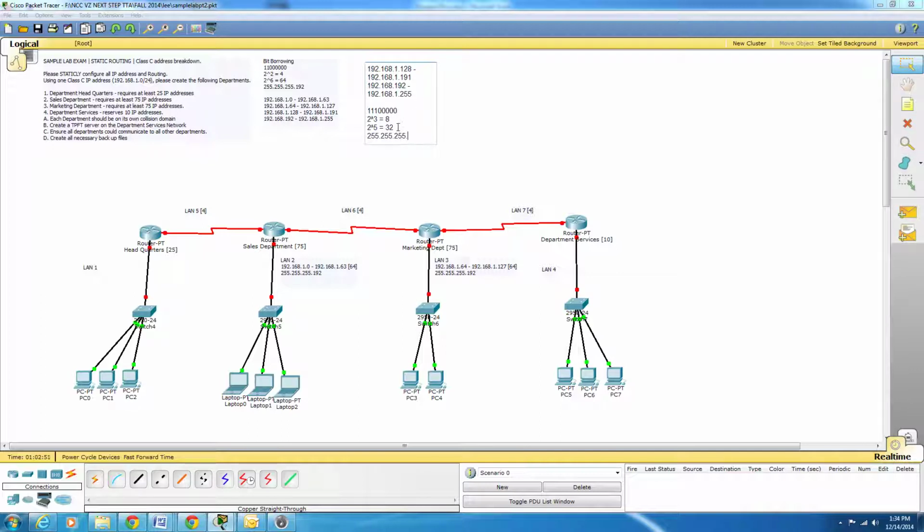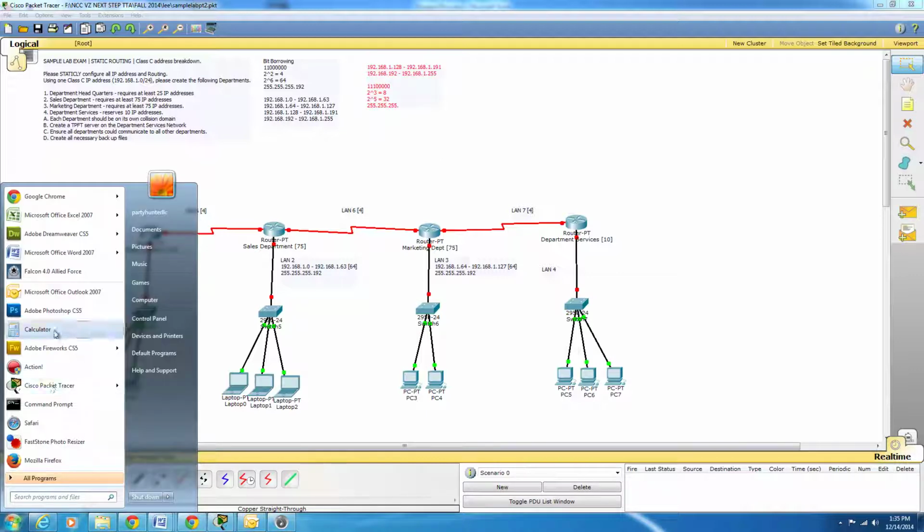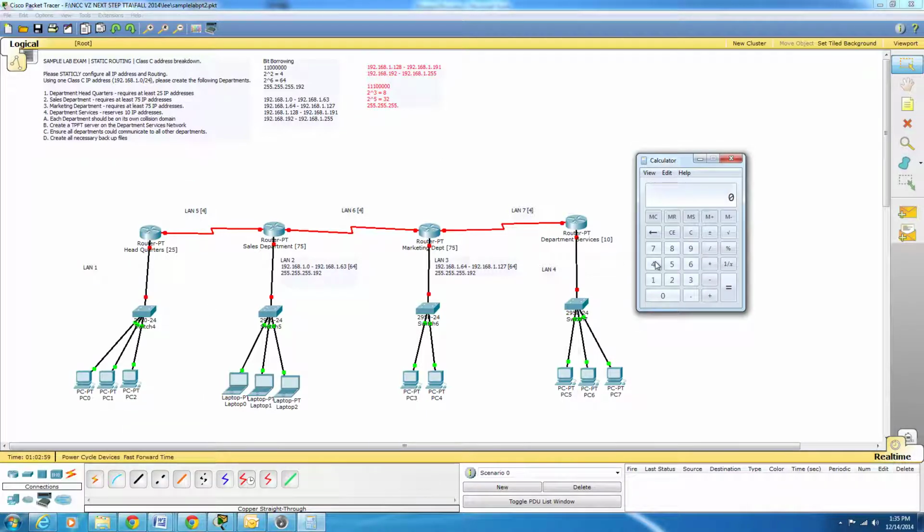So you can either take 32 and subtract that from 256, which we could do right now, which is 256 minus the 32 that we know is the number of usable IP addresses, and that gives you 224. The other way you could do it is to add the value of each of these bits. So remember that number, 224.